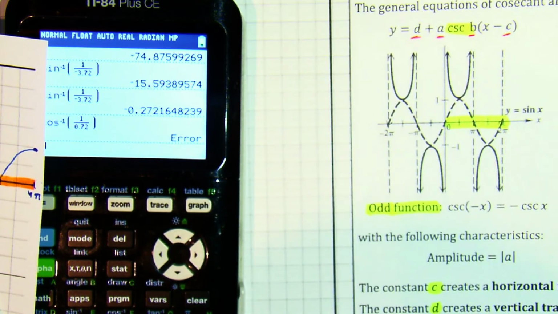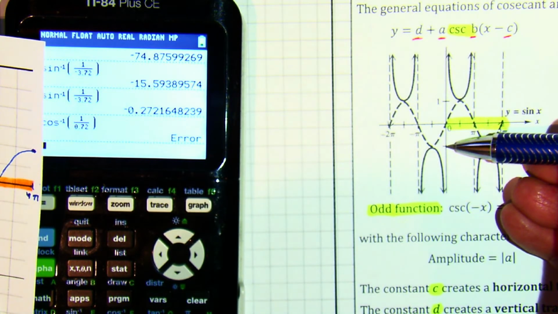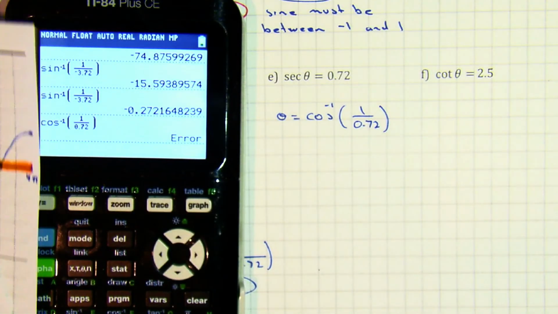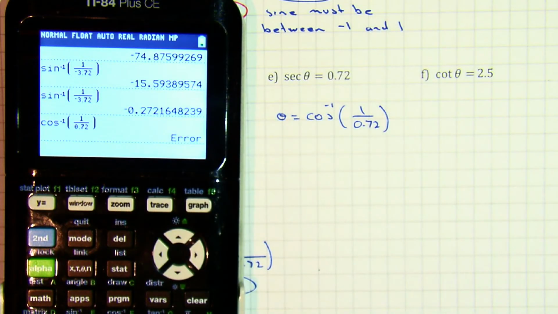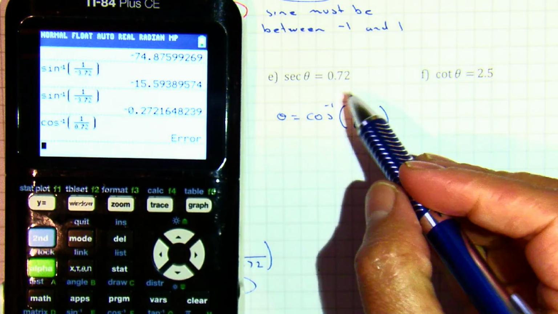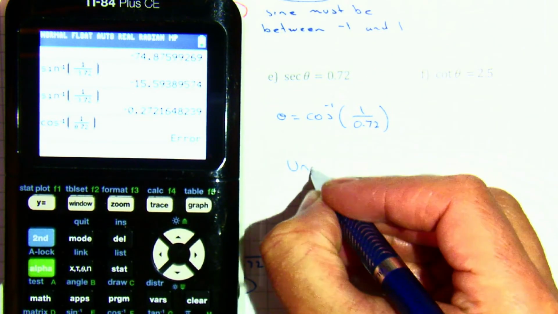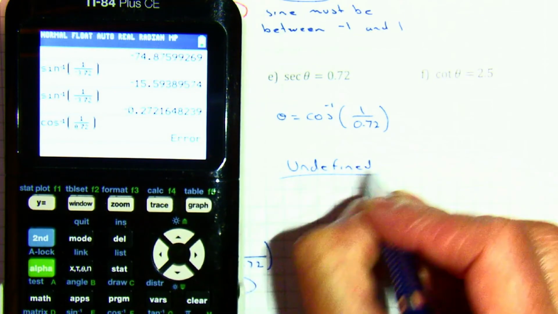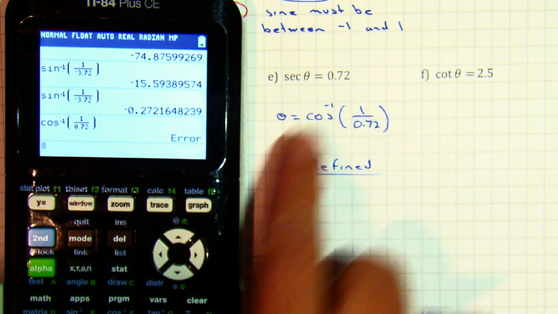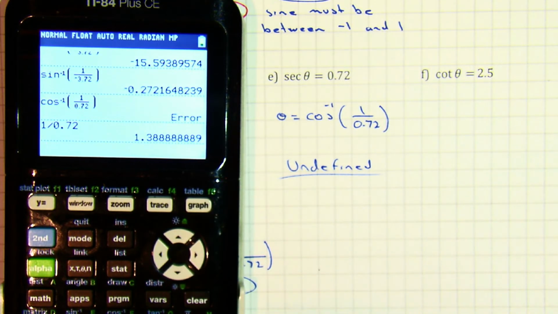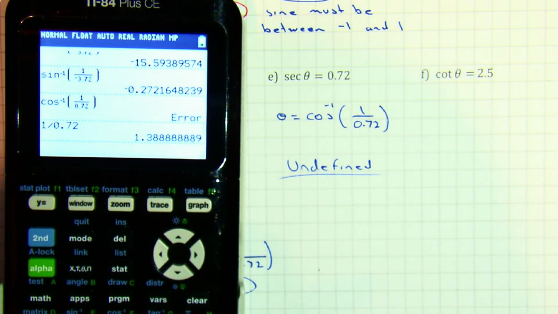So your range is only from negative infinity to negative 1, and from 1 to positive infinity. So therefore, you cannot take the cosecant of a number that's between negative 1 and 1. This is undefined. Or if you think about the cosine, of 1 divided by 0.72, the cosine of an angle cannot be bigger than 1 or smaller than negative 1.